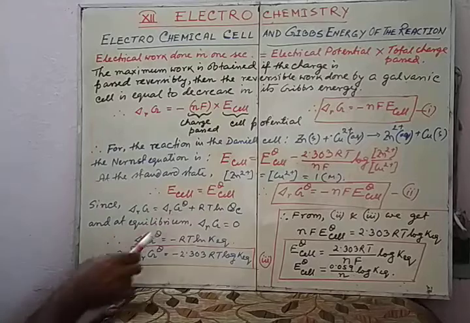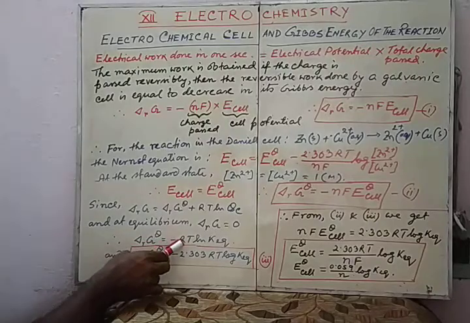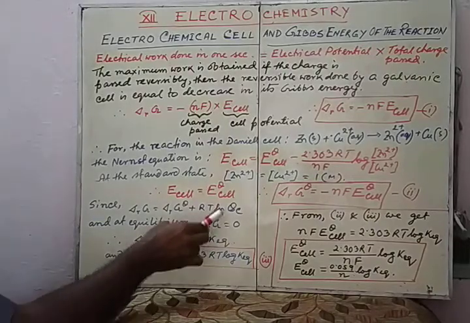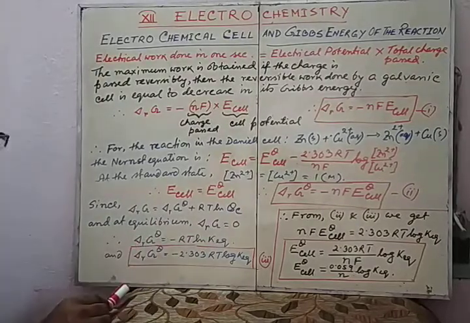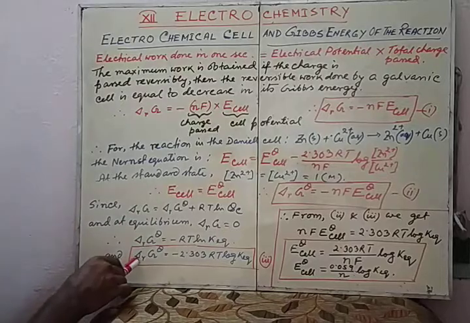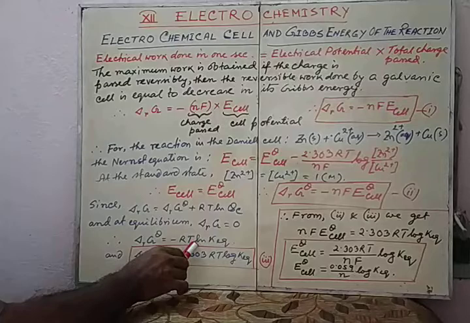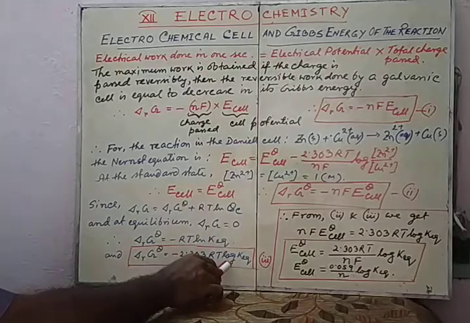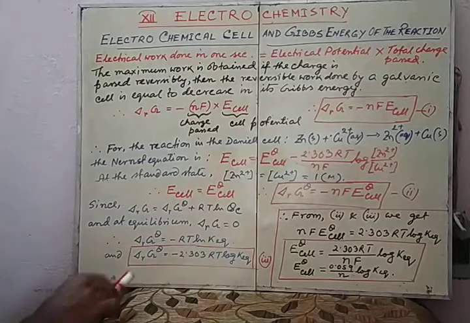Therefore, this equation changes to delta G0, the standard Gibbs free energy, equals minus RT ln, and instead of Qc we write K equilibrium, because we are considering the equilibrium state. If we write ln as log with base 10, delta G0 equals minus 2.303 RT log K equilibrium.